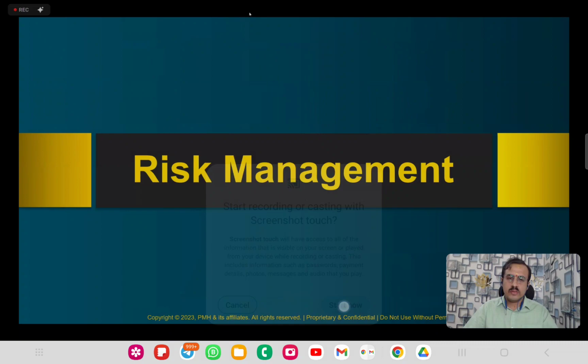Super. Let's understand now something called liquid net worth. Before understanding liquid net worth, let's understand the meaning of net worth. Net worth is assets minus liabilities.